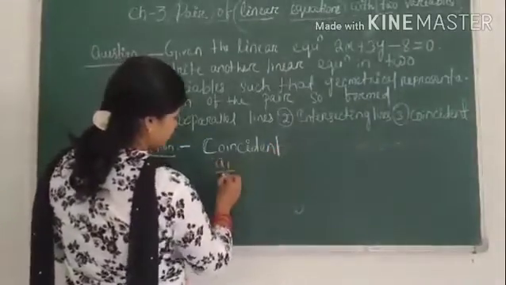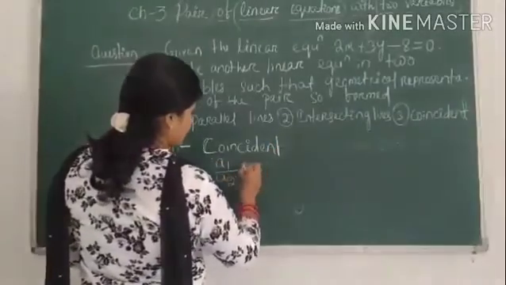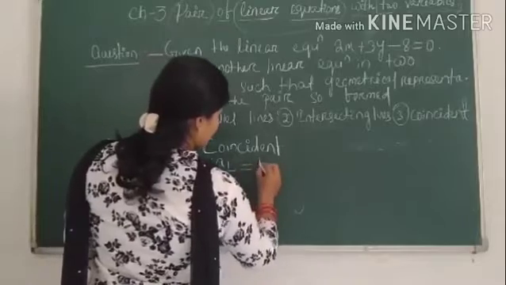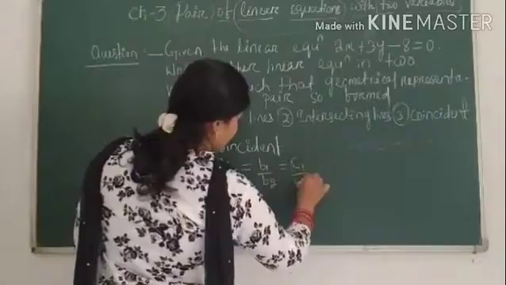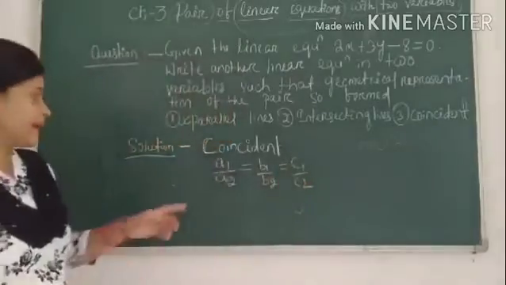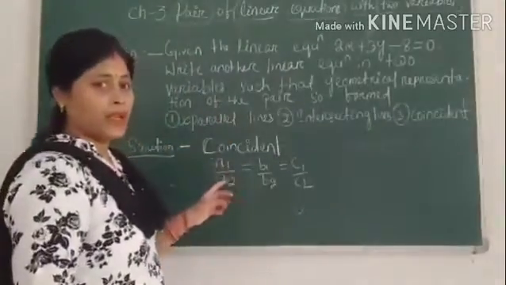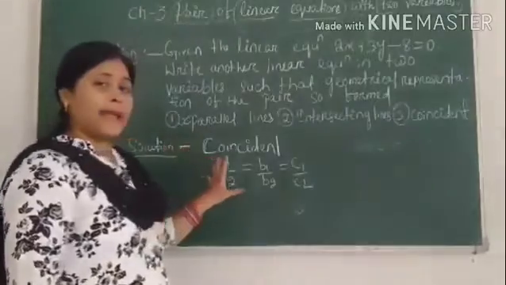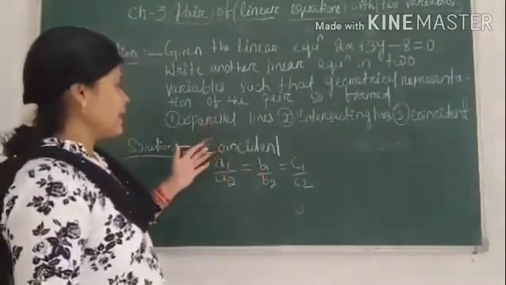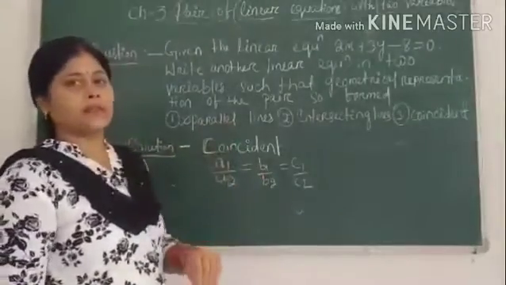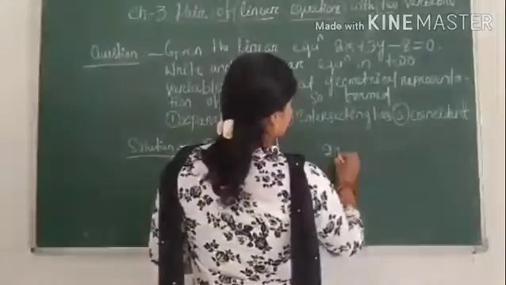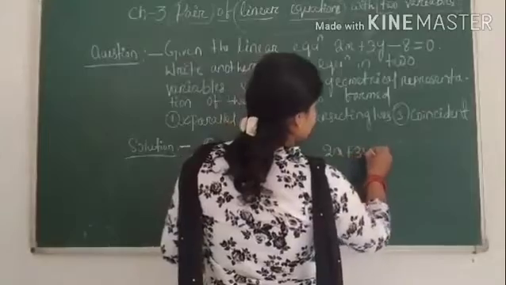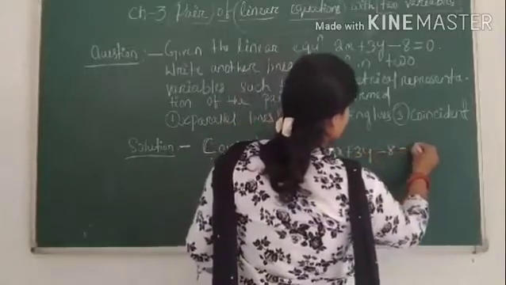Coincident means condition is A1 by A2 should be equal to B1 by B2 and should be equal to C1 by C2. So it is very easy. You have to multiply any number with the whole equation. Means your equation is 2x plus 3y minus 8 is equal to 0.